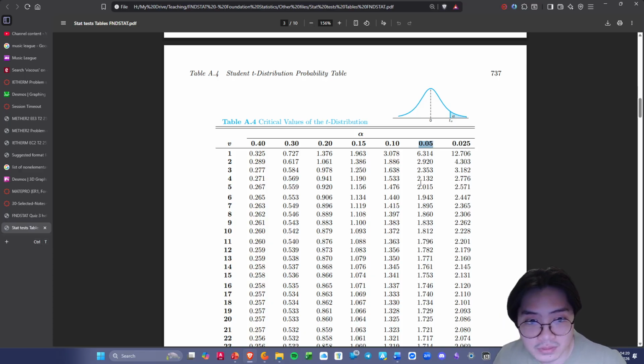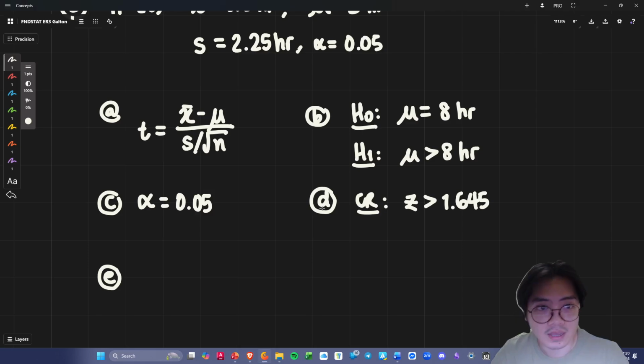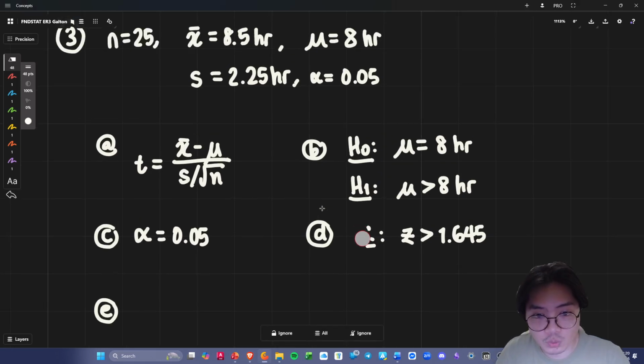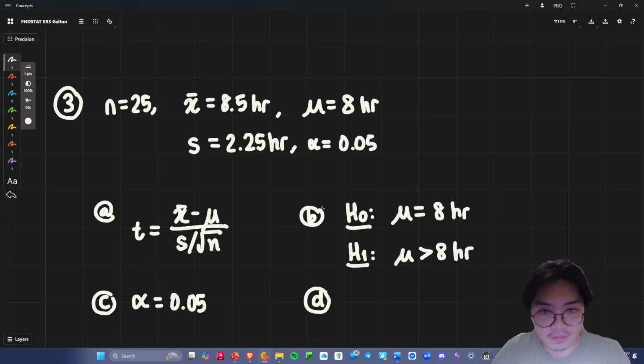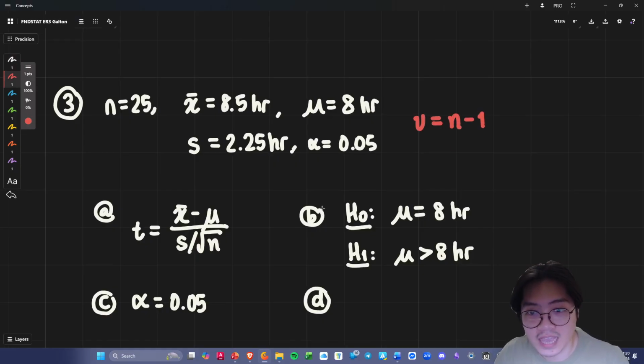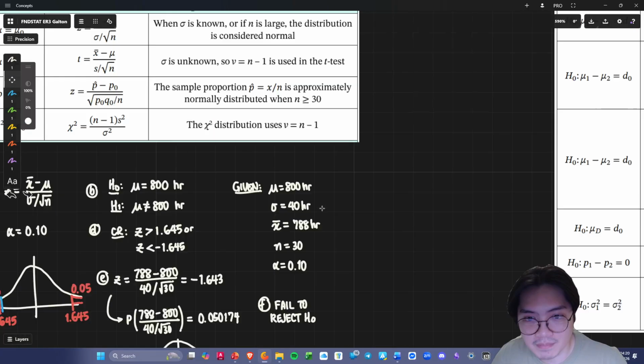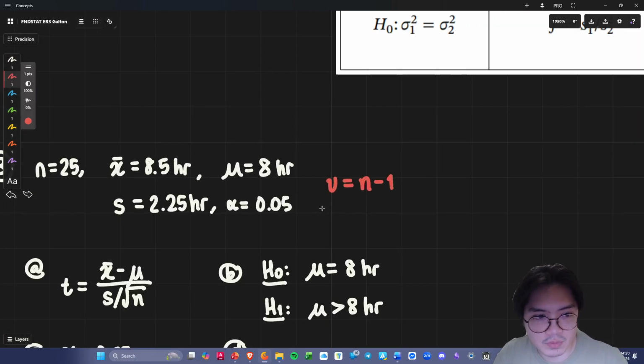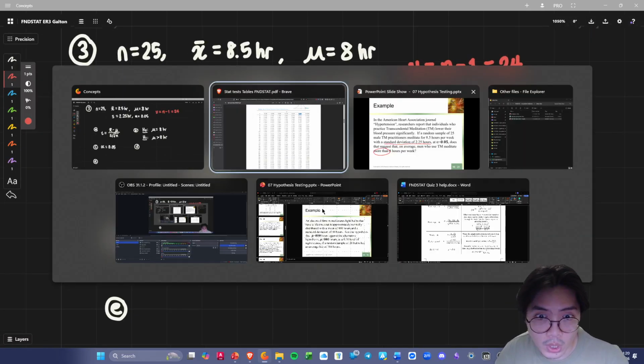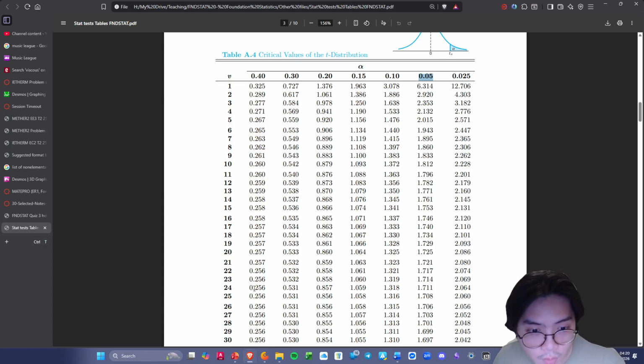For degrees of freedom, V is equal to n minus 1, as per the suggestion, the help. Here V equals 25 minus 1, which is 24. In this case, 24. Go up until 0.05: 1.71.